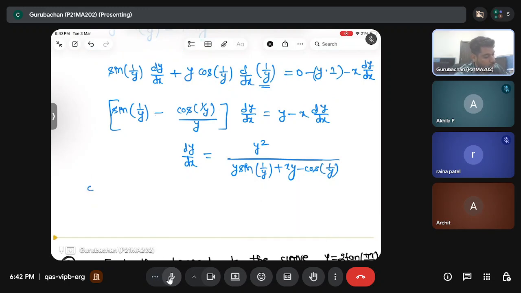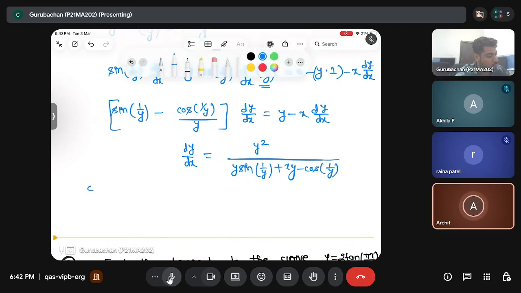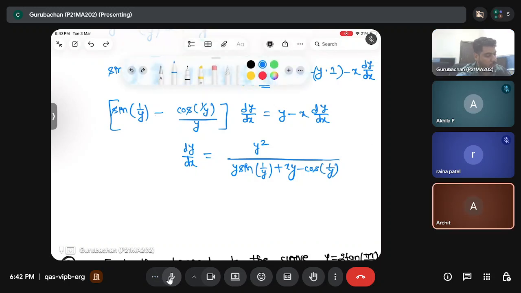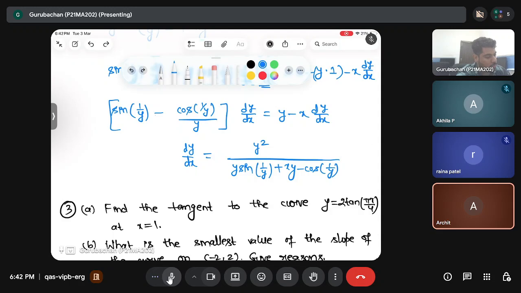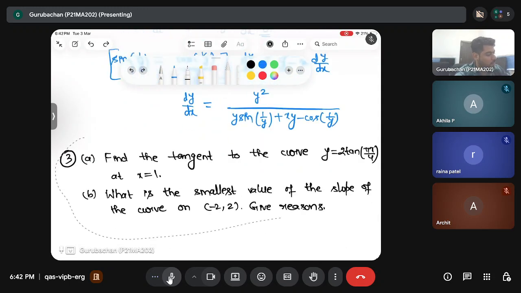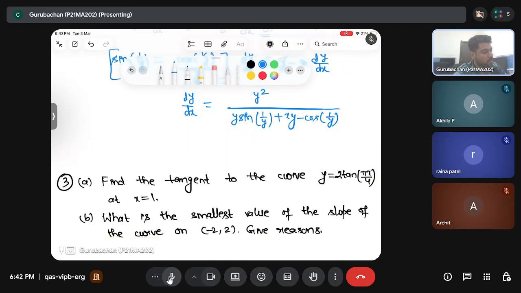So the C part. Sir, minus of under root r upon theta. Okay. So this will be 1 by under root of theta. We know that our equation is under root of theta plus under root of r equal to 1.